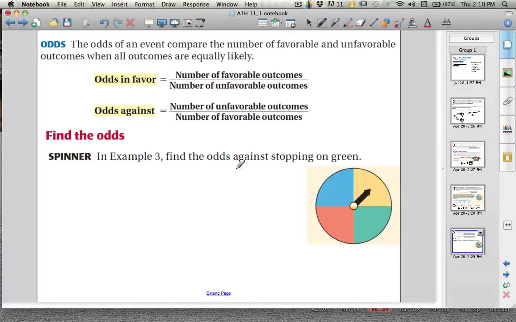So when we talk about the odds against stopping on green, we'd have the number of unfavorable outcomes, that's 3, blue, red, and yellow, and the favorable outcomes is 1. Okay, so odds are typically expressed this way, 3 to 1 against. Okay, and that's a quick overview of probability and odds.